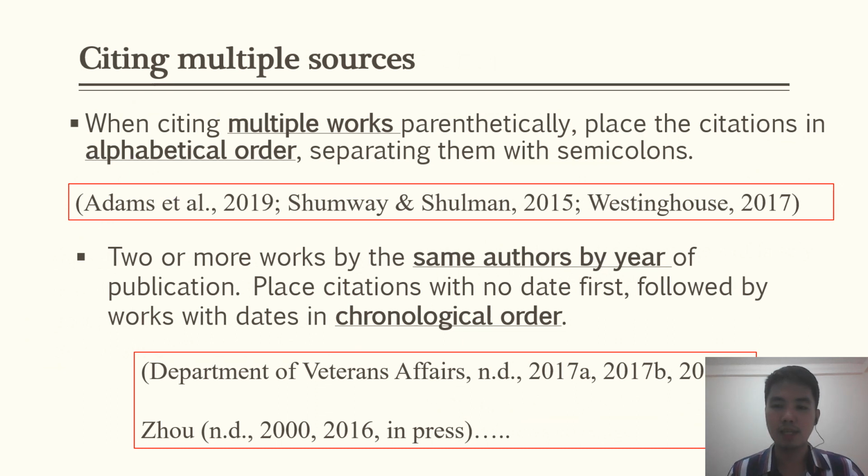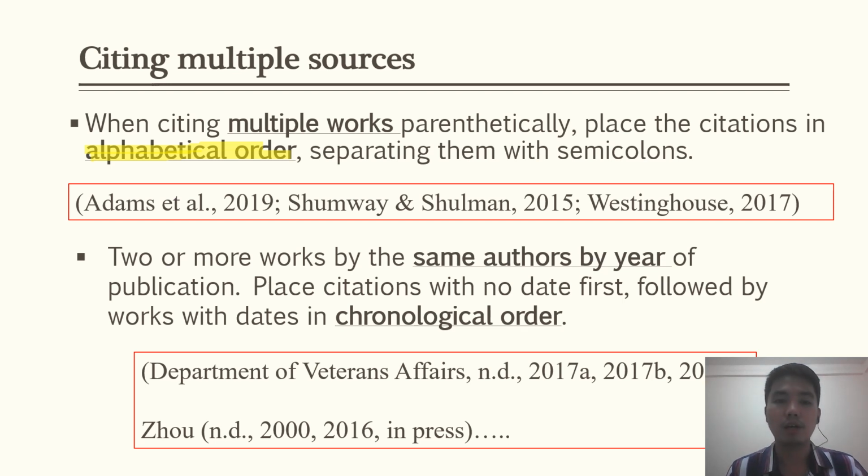How about for citing multiple sources? When citing multiple works or multiple sources parenthetically, we should place the citations in alphabetical order. Take note, alphabetical order po yung pag-present natin ng citation regardless of the way you present their idea.